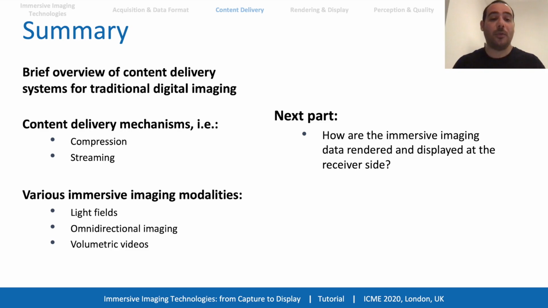And we focused on three different immersive imaging modalities: light fields, omnidirectional imaging, and volumetric video. And the next part of this tutorial is how the immersive imaging data is rendered and displayed at the receiver side.